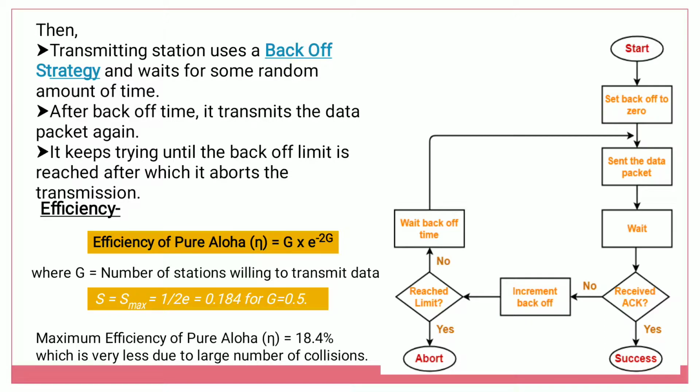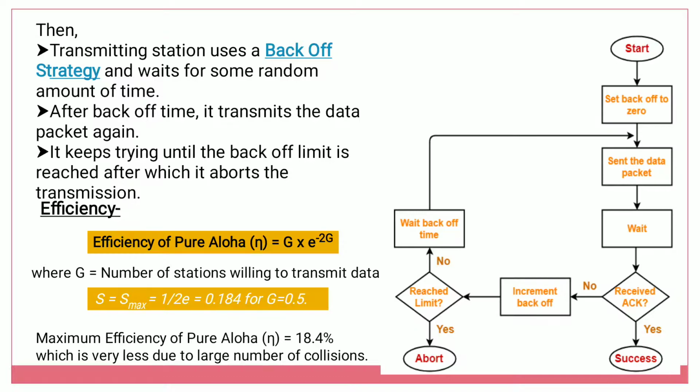If in the stipulated time period the acknowledgement is not received by the transmitting station, then it leads to retransmission of the data. So it keeps trying until the backoff limit is reached, after which it aborts the transmission.